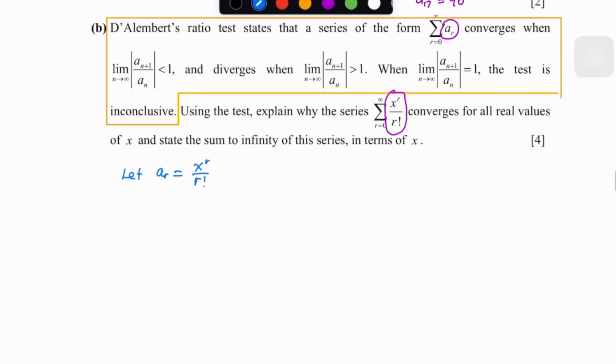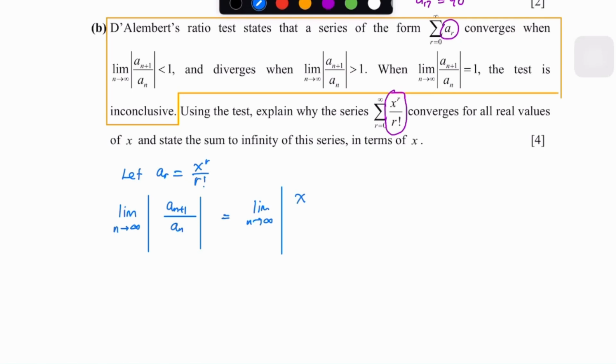Okay, so let's try to apply limits as n goes to infinity because they asked us to test. So this is a test of A_(n+1) over A_n. So this will be equal to, sub in the n plus 1 term.